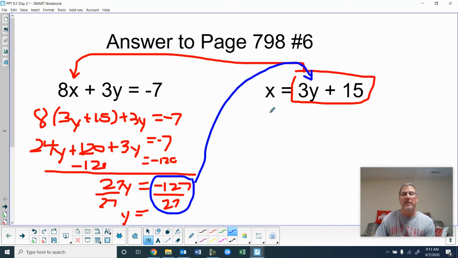All right, so x equals 3 times -127 over 27 plus 15.